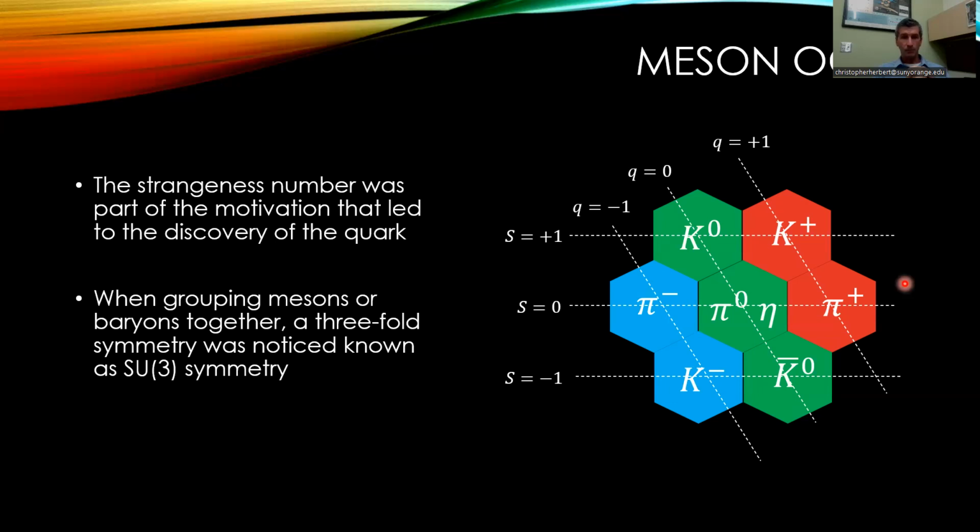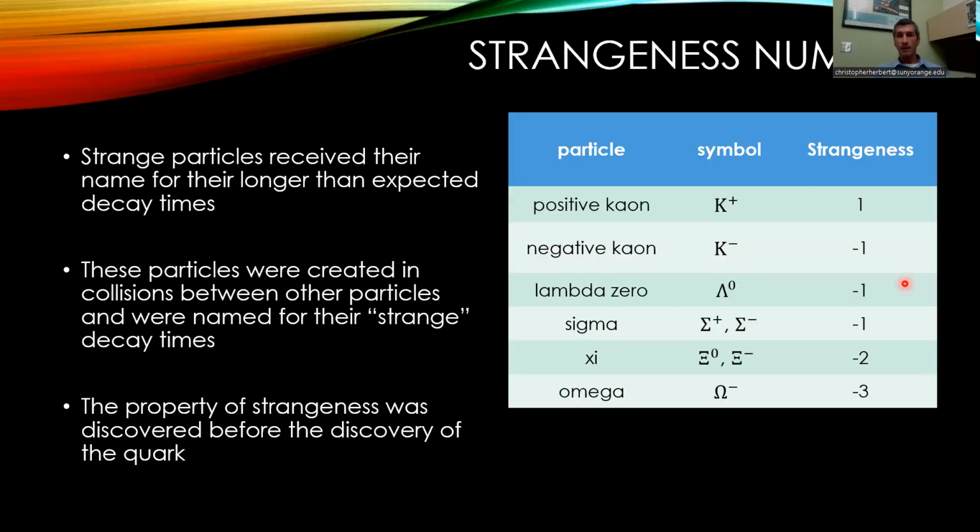And there was this symmetry that we could arrange these particles in, which actually led to the proposition of a new idea: that these particles were not fundamental, that the protons and neutrons, the kaons, all of these things were actually made of even smaller particles that we now know are quarks.